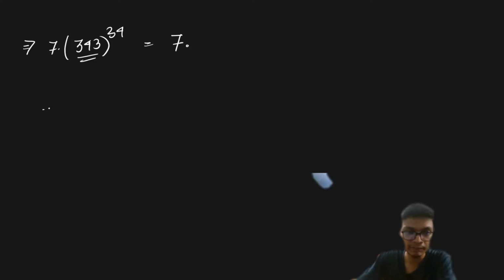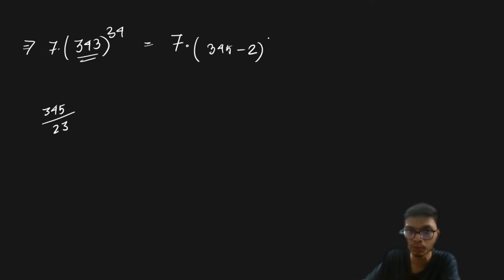So if I take 345, it is divisible by 23, right? So I can simply make this number 345 minus 2, raised to the power 34, right? And the advantage is that this particular part will be divisible by 23, right?